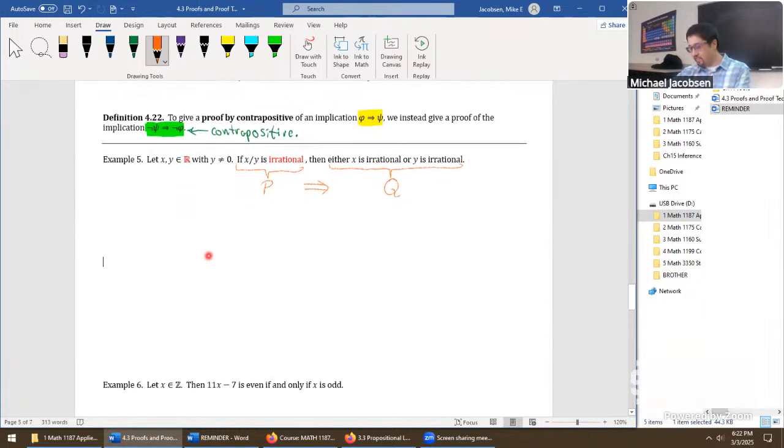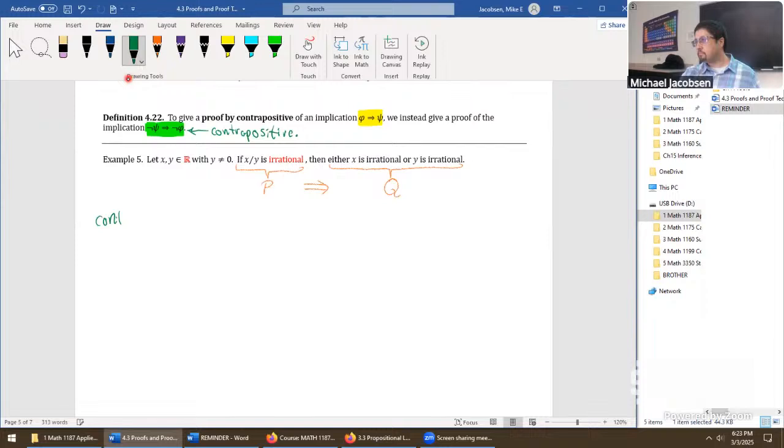We want a contrapositive, let's hide that first. So we'll say that the contrapositive goes not q implies not p.